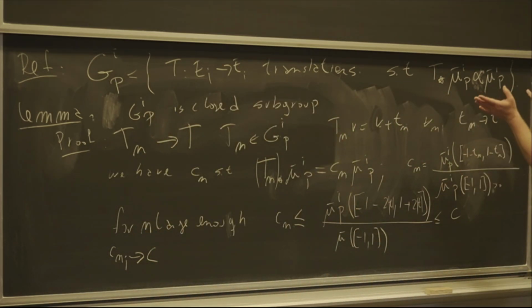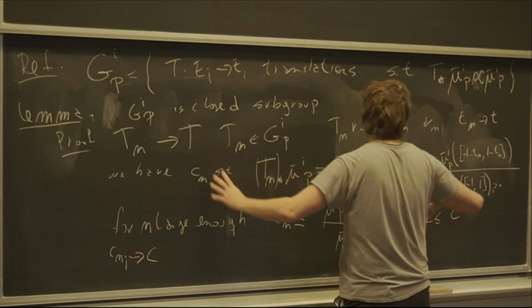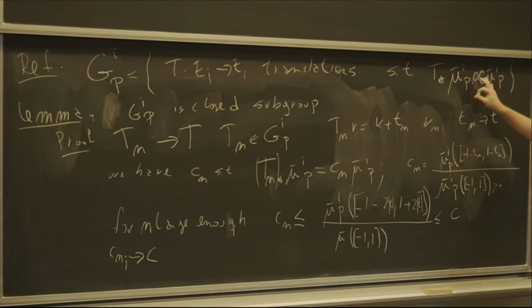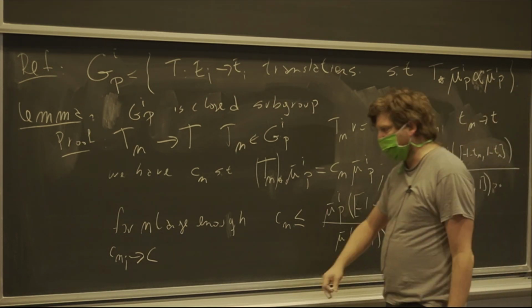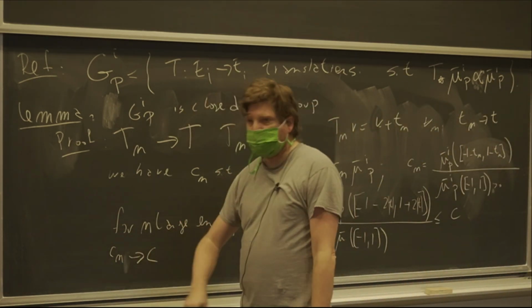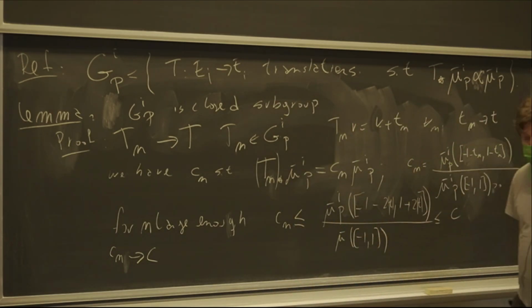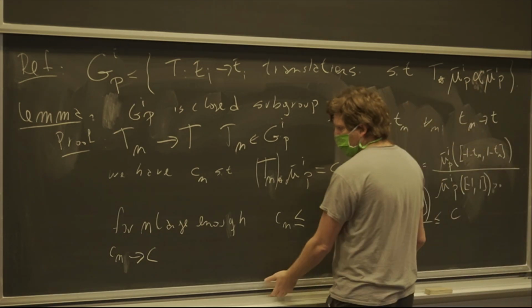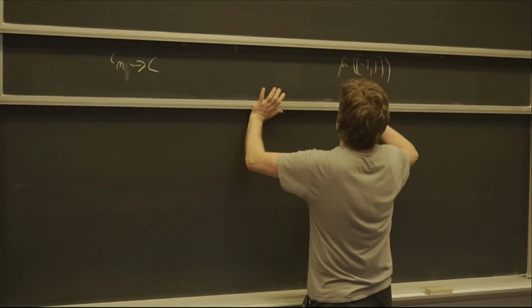I can forget about the sequence and only go to the subsequence, because the only thing I have to show is that T preserves this measure up to a multiple. So I just can forget about the subsequence and go back to the sequence and assume Cn is going to C. And now that I have the convergence of the numbers, there is not much more to do.